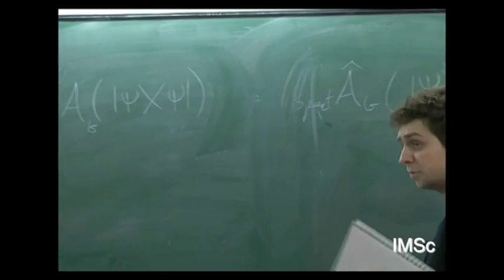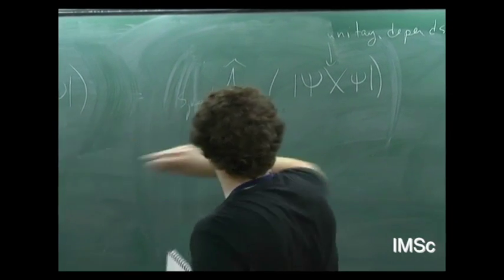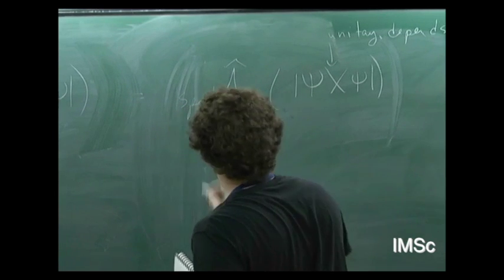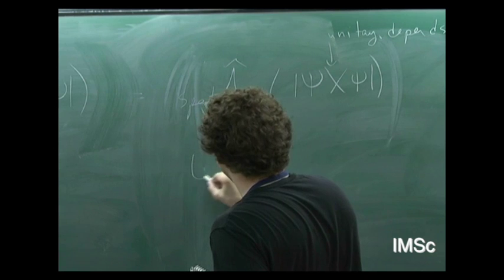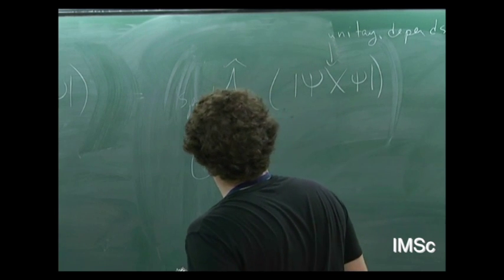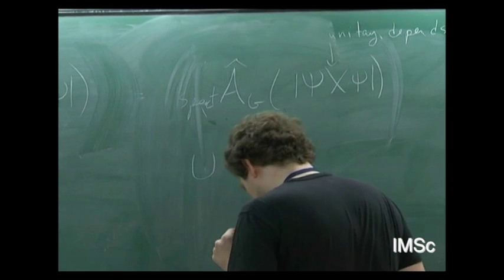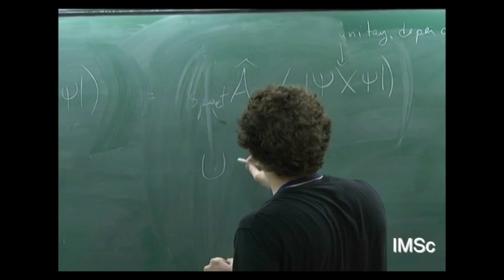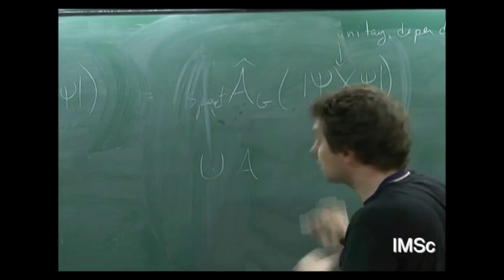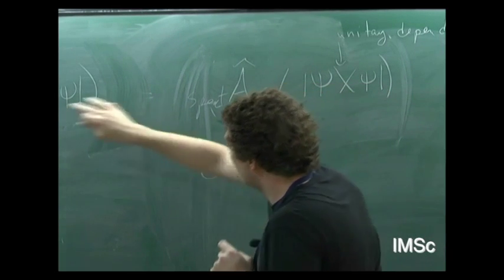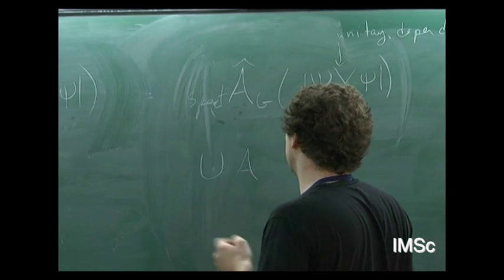So there's going to be some unitary that maps this state to that state, and you can figure out what that unitary is. You can look at, up to a complex conjugation here, you end up with this state. It has the same spectrum of this, so it's unitarily equivalent.